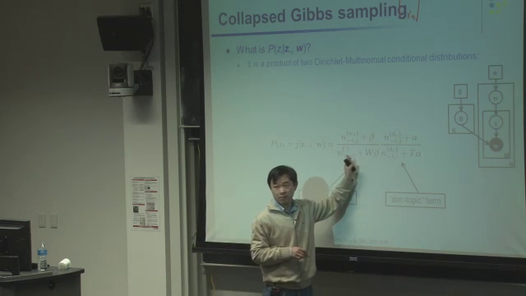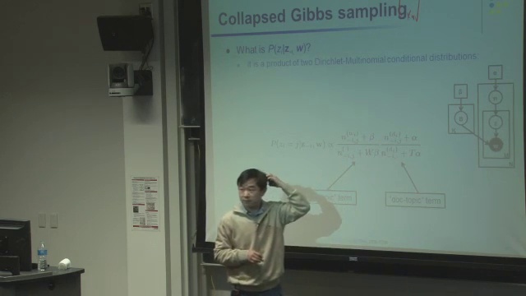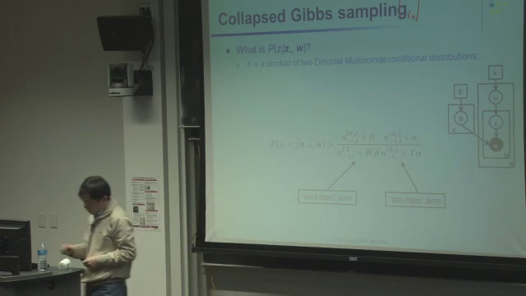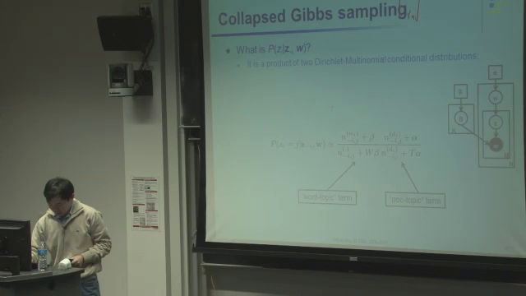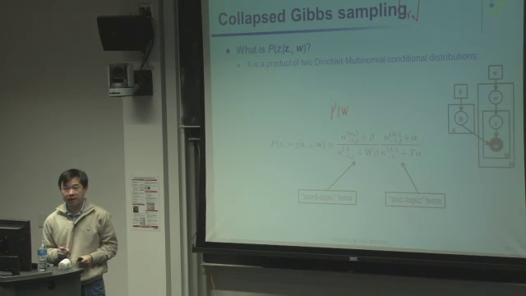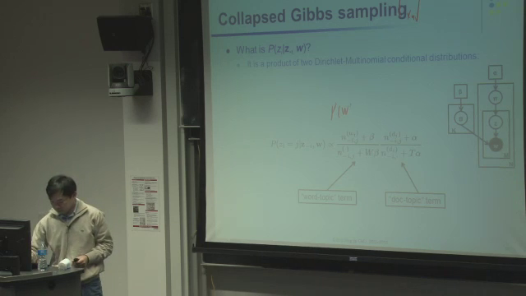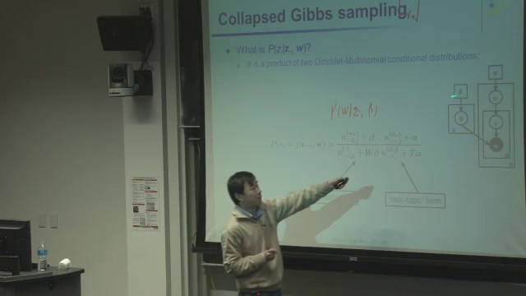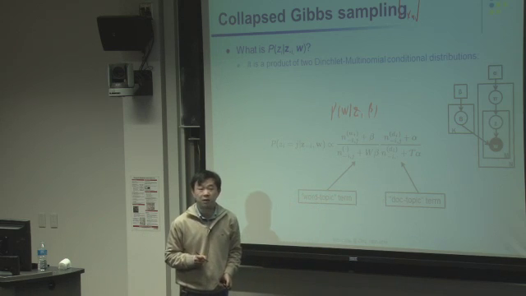Do you still remember where these two components are coming from? The first one comes from the distribution describing the likelihood of the word given the z and given, of course, the beta, which are basically the hyperparameters of this topic model.